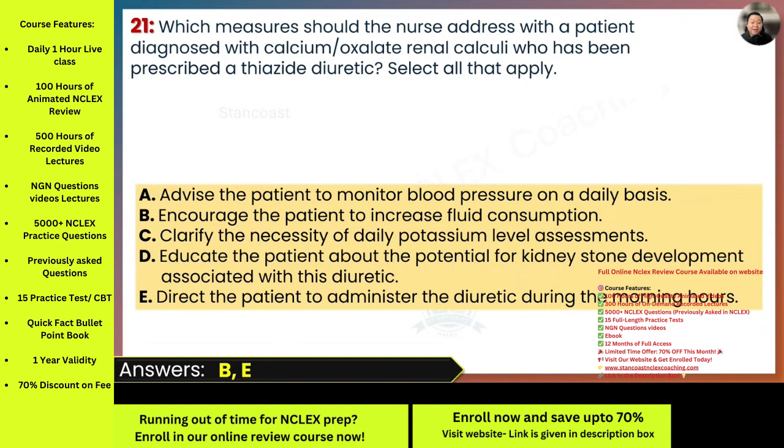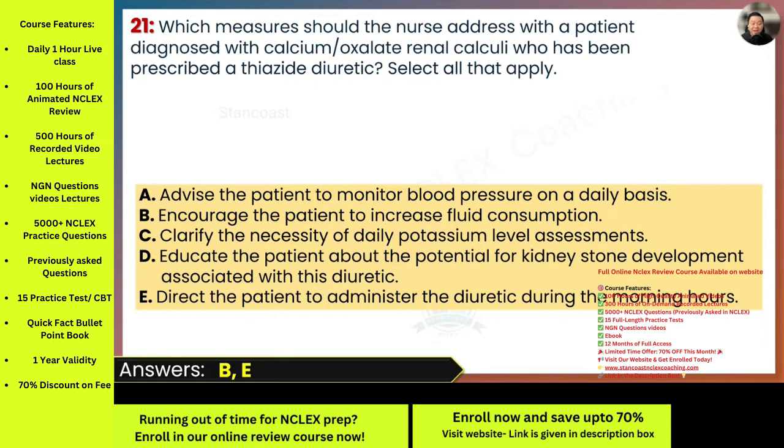And it will increase calcium reabsorption into the bone. So this statement is not relevant unless discussing rare adverse effects. And the key clue in this option is kidney stone development associated with this diuretic, which is inaccurate because thiazide diuretics actually help prevent kidney stones.